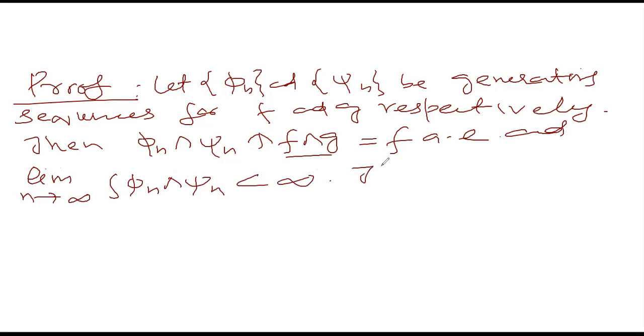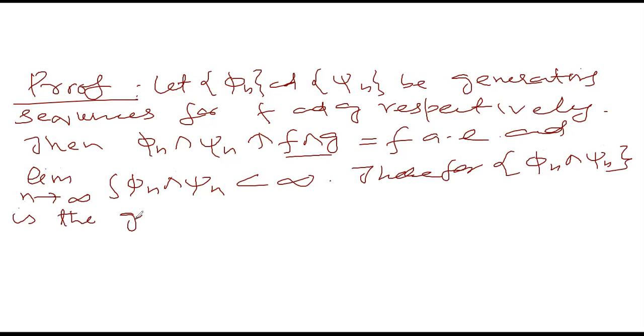So therefore this sequence phi n meet psi n is a generating sequence for f, but phi n is also a generating sequence for f. Therefore it has two generating sequences, and the integral is independent of the choice of generating sequence.